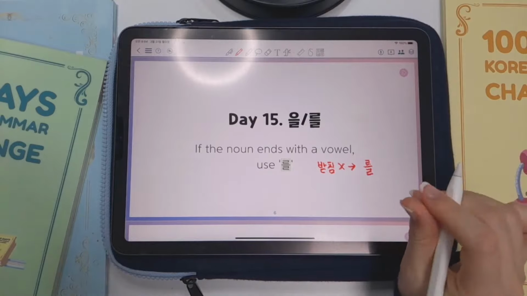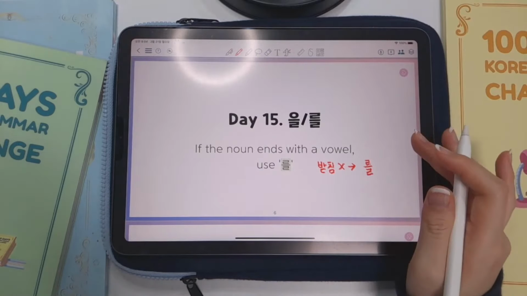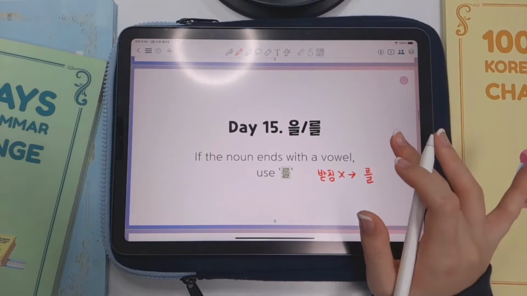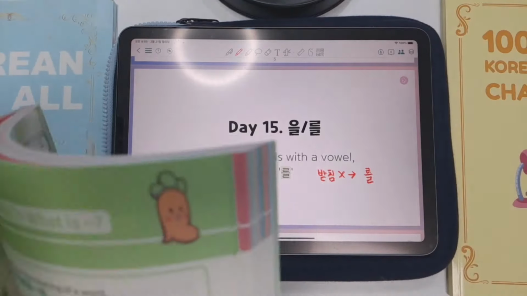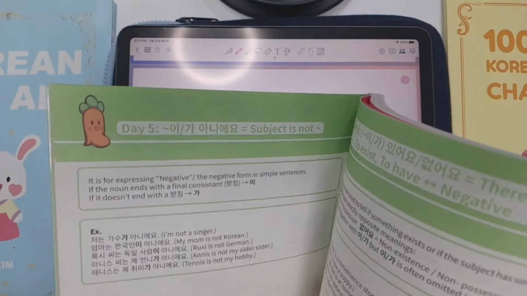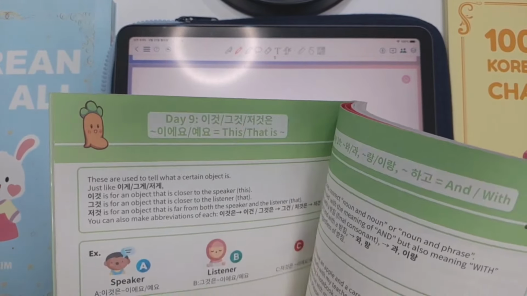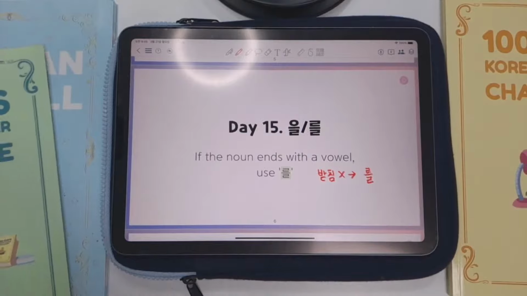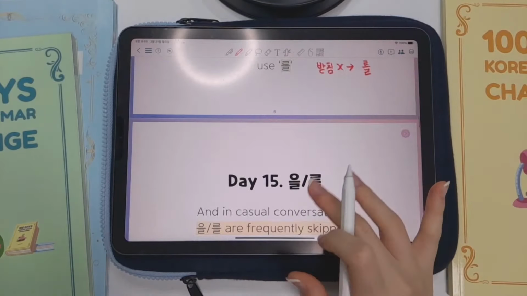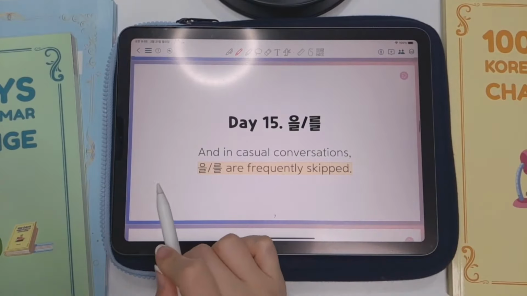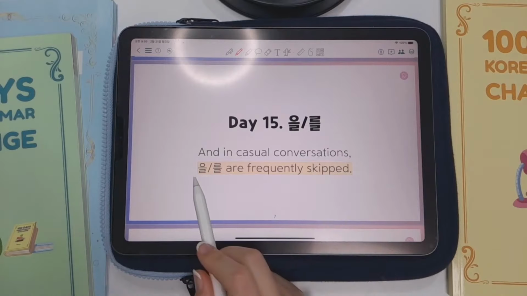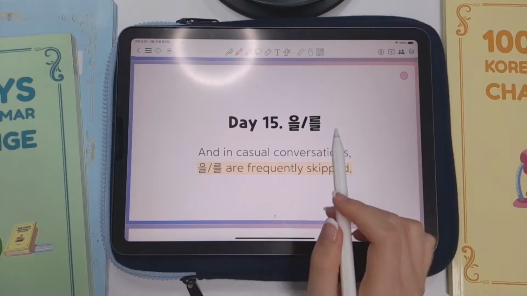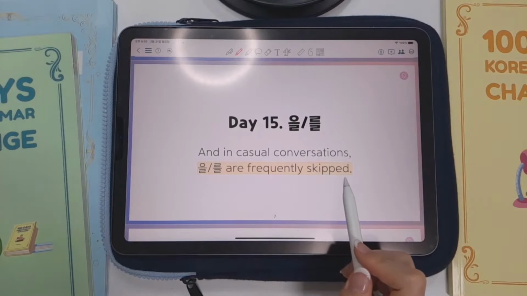It is not that difficult, right? Is it confusing? It is so easy because we have learned about 이 or 가 or 은 or 는 in a different section of our textbook, right? Regarding the final consonant. So the most important thing is, in casual conversations, these object particles are frequently skipped.